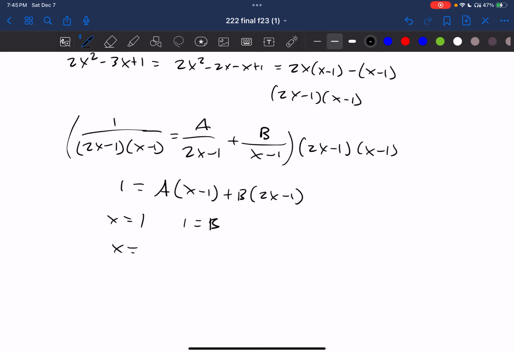If we set x equal to 1/2, we're going to get 1 is equal to A times 1/2 minus 1. 1/2 minus 1 is going to be negative 1/2. That's right. So it's going to be negative 0.5 A plus 0, since this term will cancel.